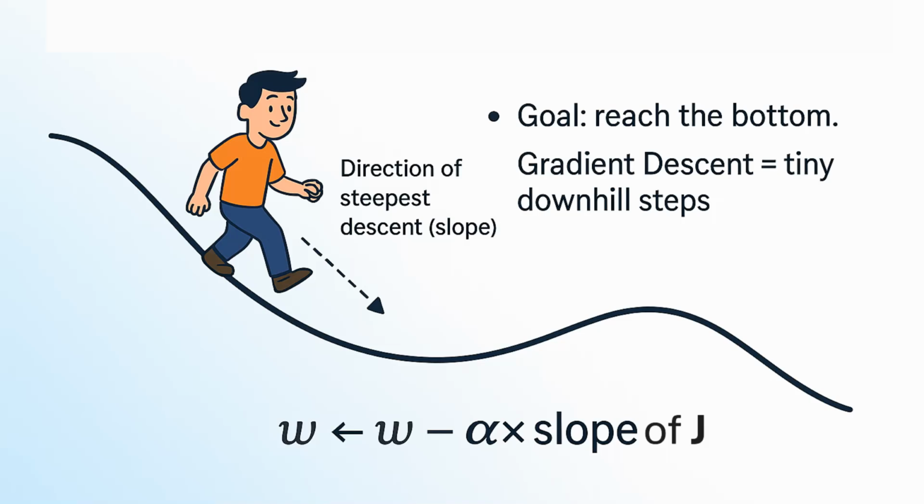Big alpha means giant leaps, and small alpha means tiny baby steps. Slope of J is the tangent line or derivative of J at point W, which tells you which direction to take your step. It basically tells you which way the hill is tilted. Don't worry, you will know more about this later in the lesson.